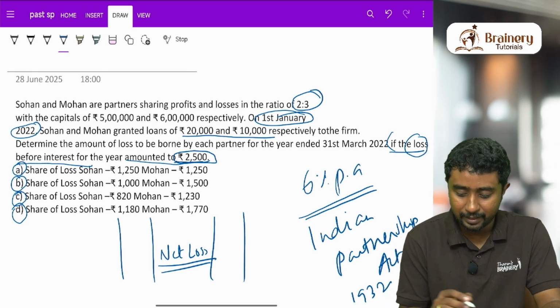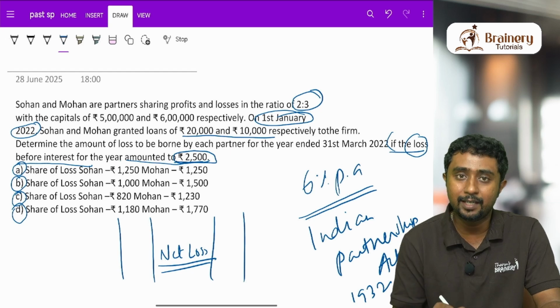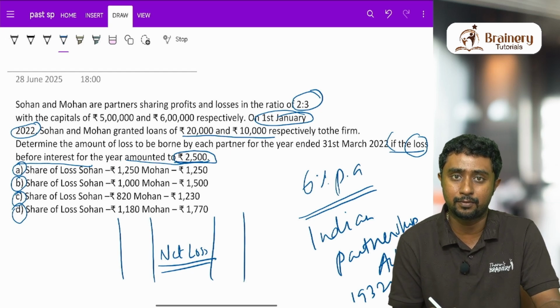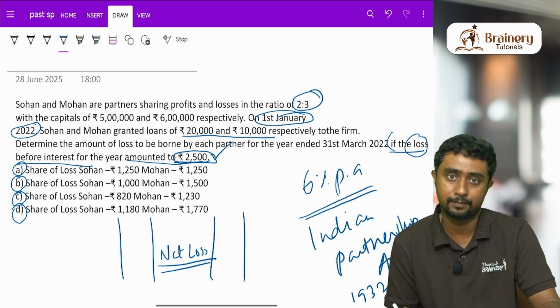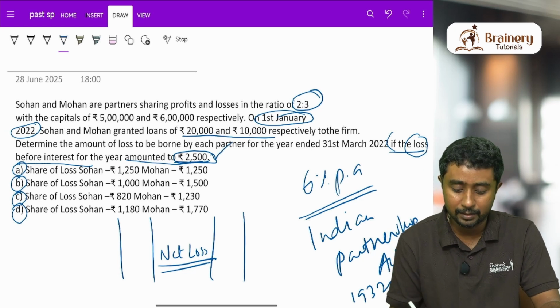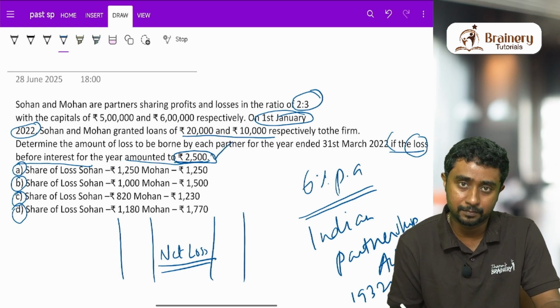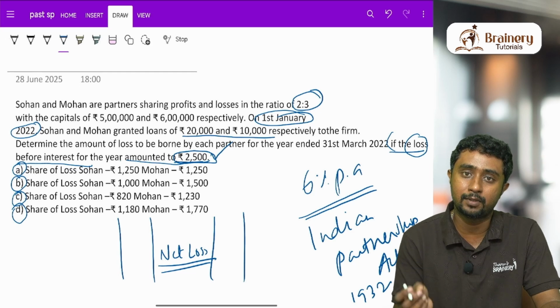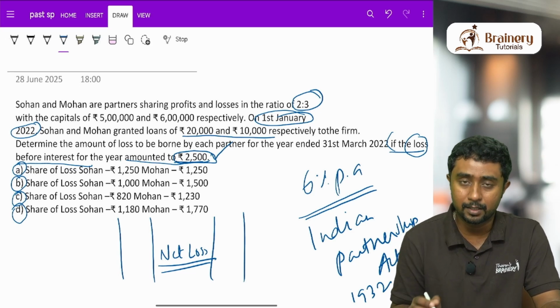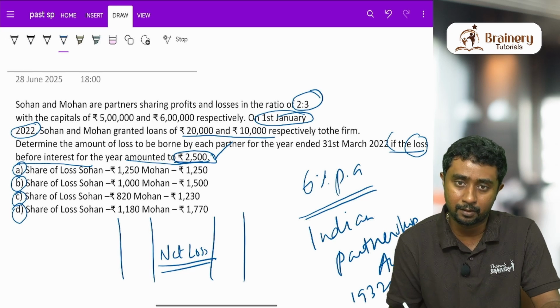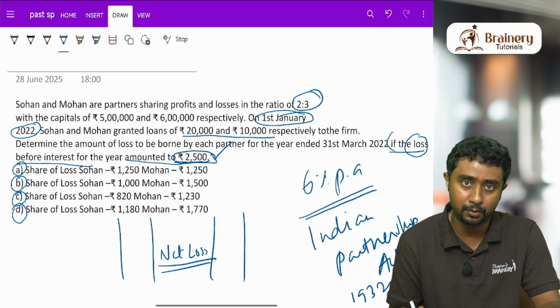So they have clearly specified that they didn't deduct this particular interest from this amount. Even though it is like that, they are getting a loss. So we cannot call it net loss, because net loss comes after deducting all the charges. We cannot call it divisible loss either, because only the word loss is used in the question.